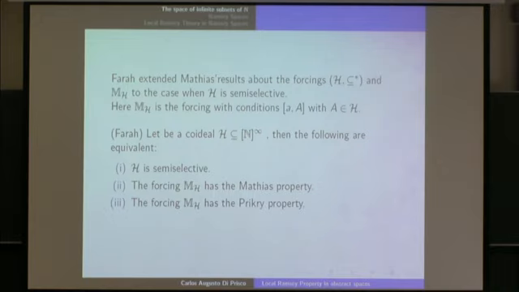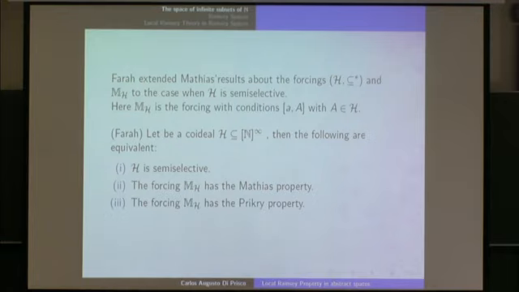He studied the two forcing notions now relative to a semi-selective coideal, and he showed that the semi-selectivity property for the coideal is actually equivalent to some properties of Matthias forcing relativized to the coideal. H is semi-selective if and only if this forcing has what we'll call the Matthias property.